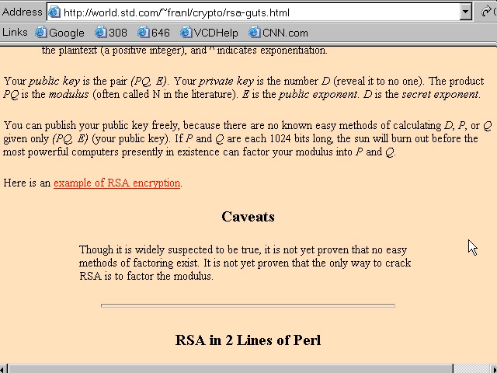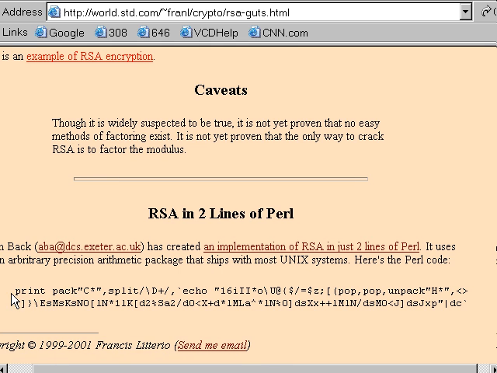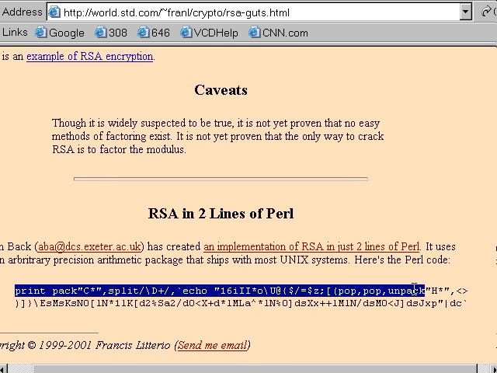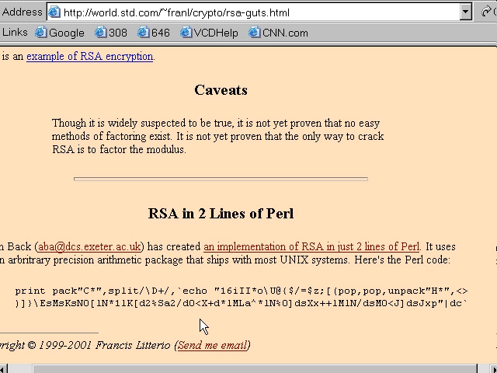Okay, now in terms of the implementation of this algorithm, here's the RSA algorithm in Perl in 2 lines. If you like dense one-line codes, this is about as dense as it gets. So this actually is a valid Perl statement. Perl stands for Practical Extraction and Report Language or something.